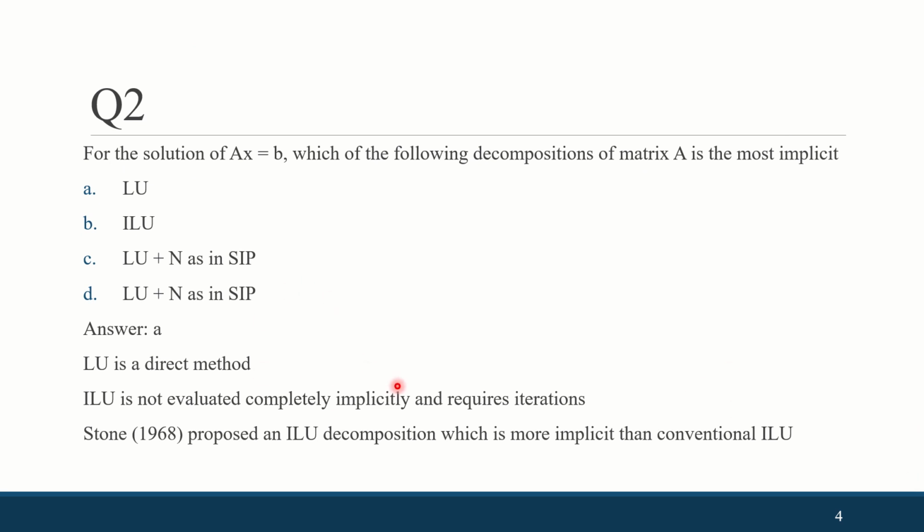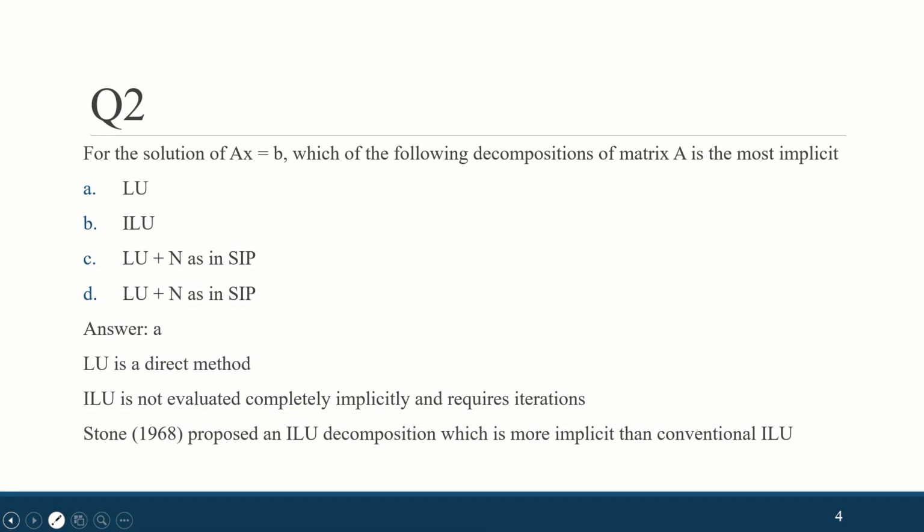Mostly the studied methods were based on these things: convergence for LU decomposition, the SIP method, that is Stone's procedure, and basic ones like the Gauss-Seidel iterative technique.